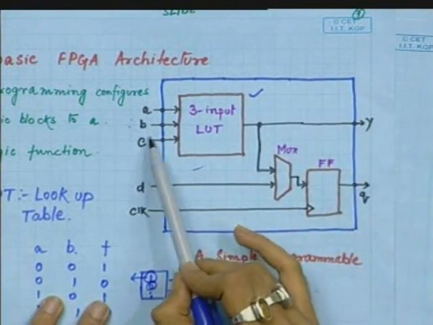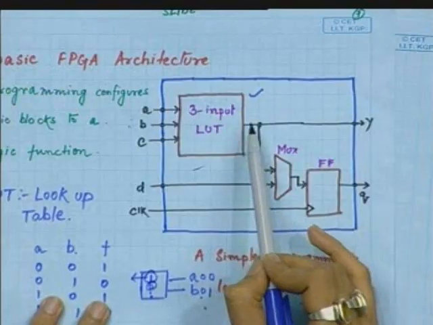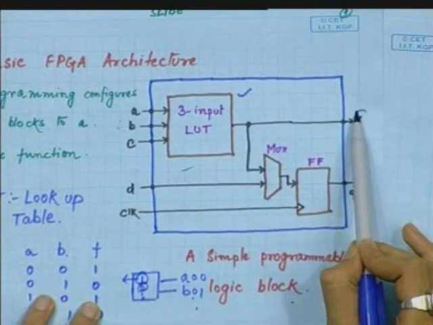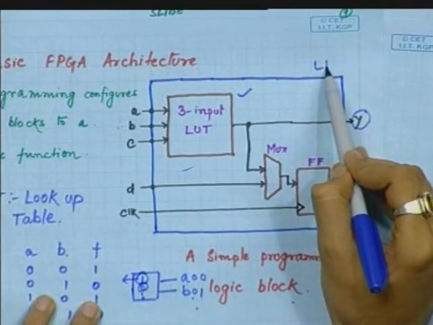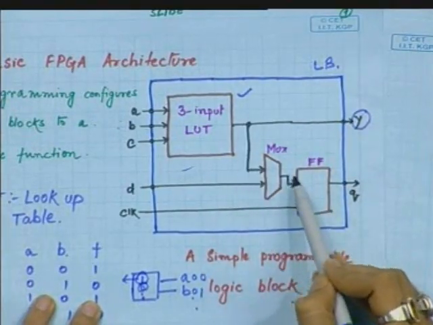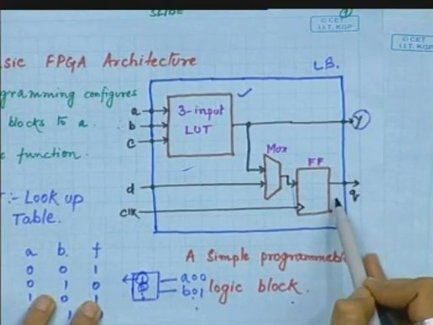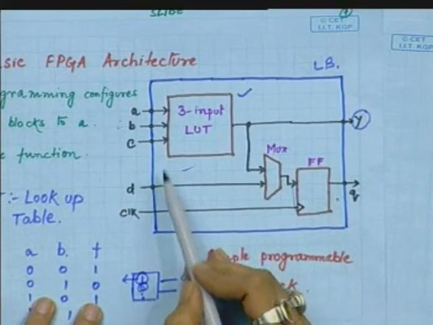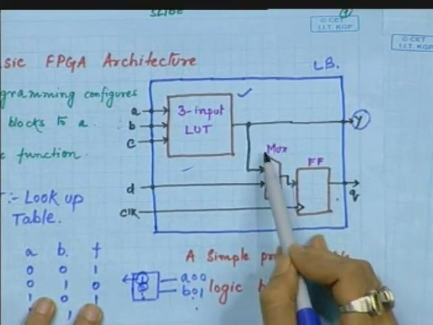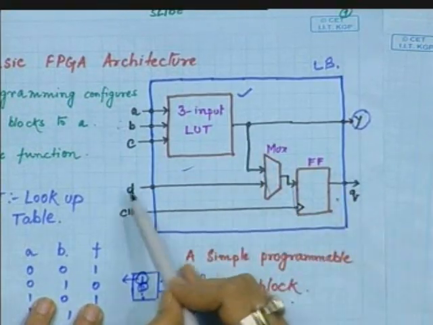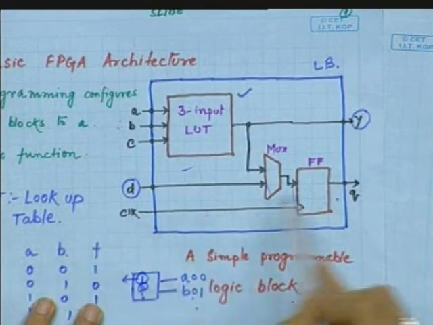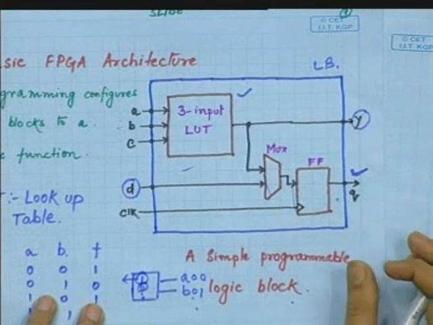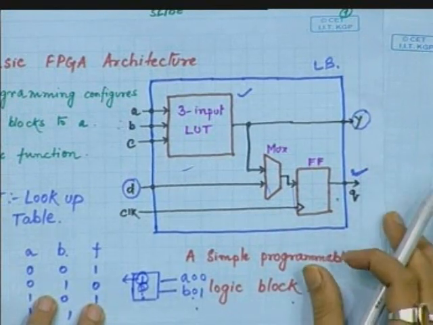When ABC appears, it selects a particular functional value which can be available at the output of the logic block, or it can be stored in a storage element for subsequent use, or this mux can make available another value at its output. This will depend on the function which we want to realize on the FPGA.